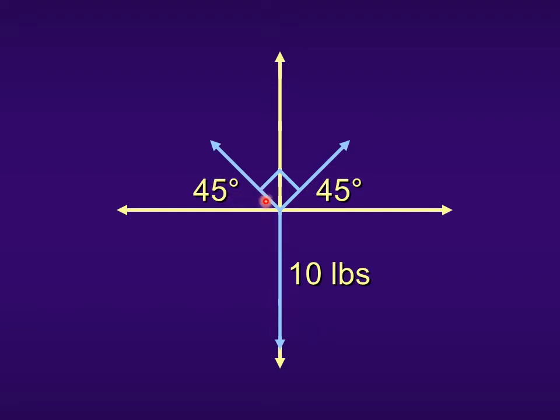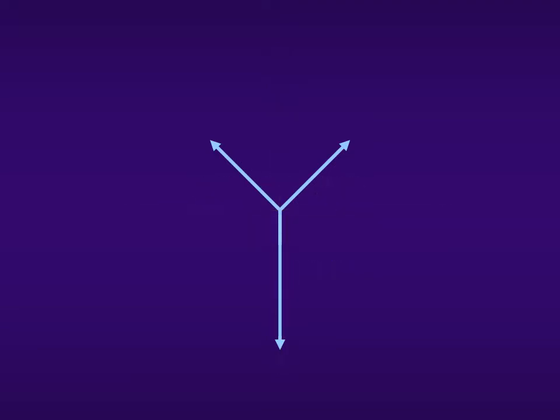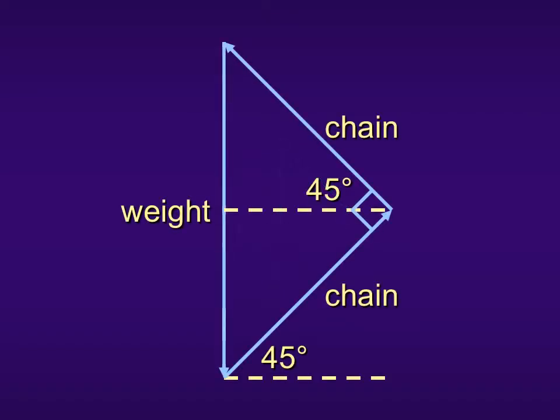This is a little bit of geometry. If this is 45 and this is 45, that's 90, leaving another 90 here, which means that's a right angle right there. That's useful because now we have some triangles. So here's the weight, and this is a 45-degree angle right here.